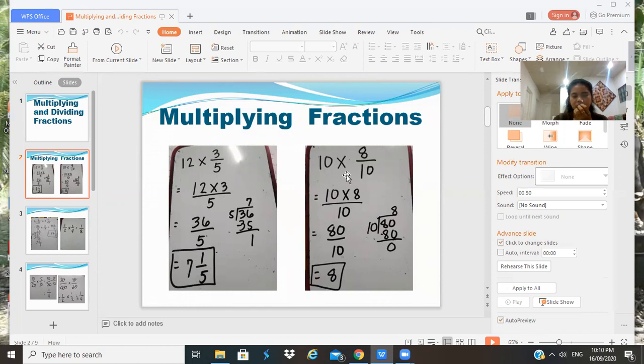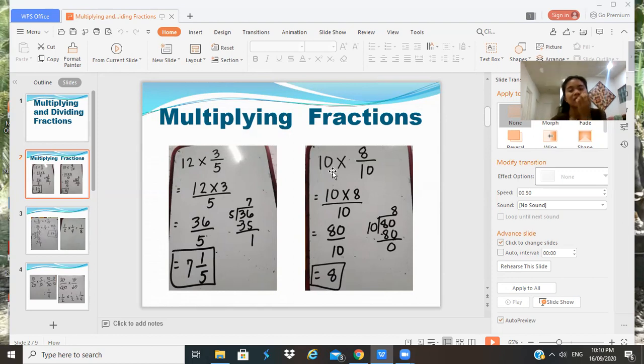The same scenario as example number 2. We have 10 times 8 over 10. 10 is a whole number and 8 over 10 is a fraction. So again, 10 is understood to have a denominator of 1.